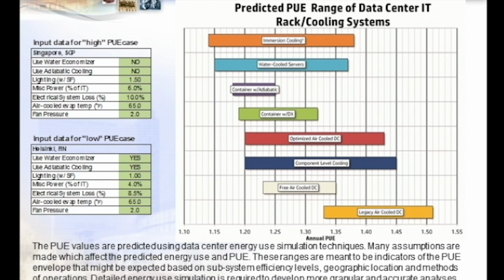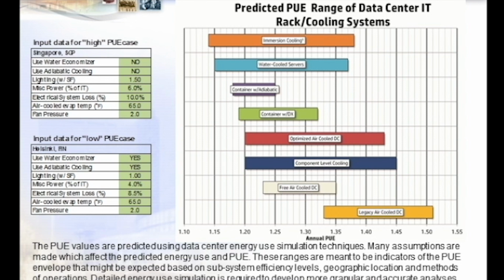In this case, we looked at a high energy use state, looking at Singapore as a location, and then some other parameters that are less energy efficient. And then the low power state really is a good climatic location, Helsinki, different economization, energy efficiency strategies, etc.